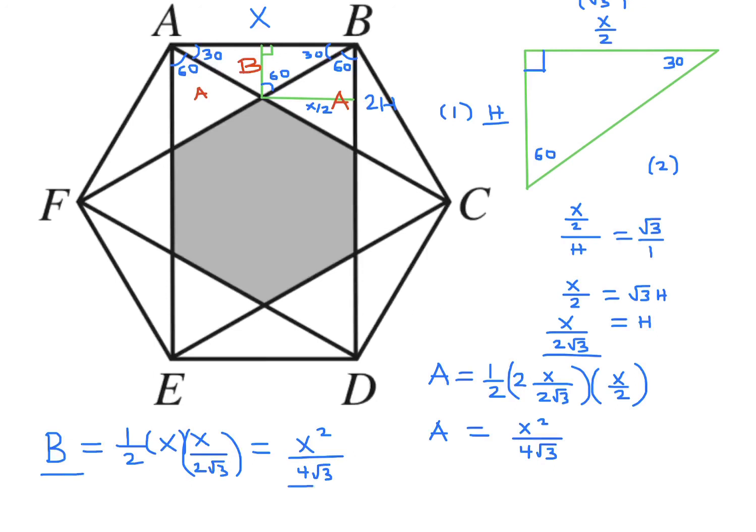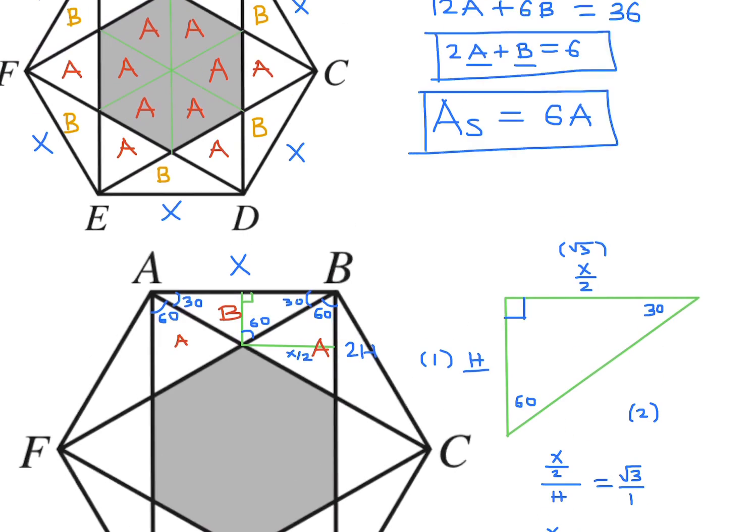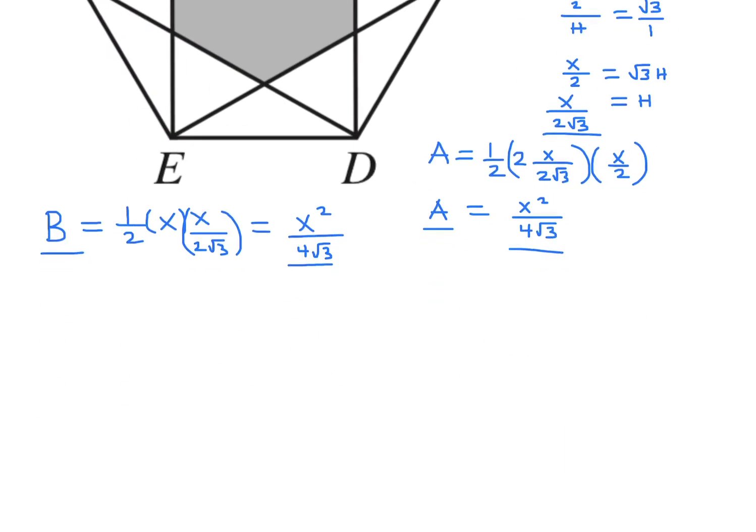So now we have B in terms of x, we have A in terms of x, and we are almost done. Just go back and use this formula right here, and we can then solve for the shaded area. So 2A plus B is equal to 6, and then our shaded region is 6A. So we've got 2 times A, which is right here, x squared over 4 root 3, plus B, which is right here, which is x squared over 4 root 3, is equal to 6.